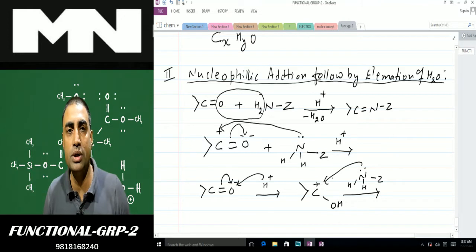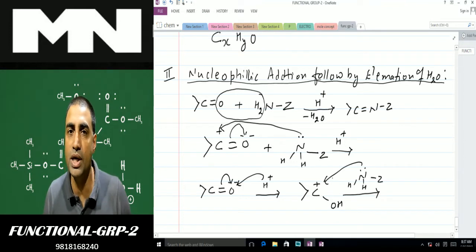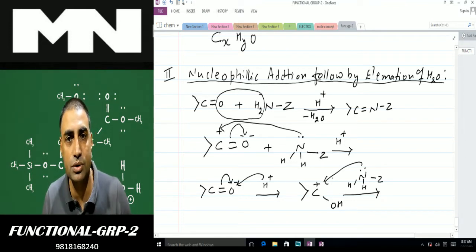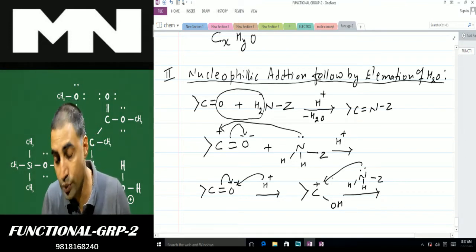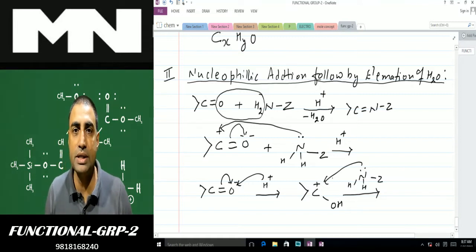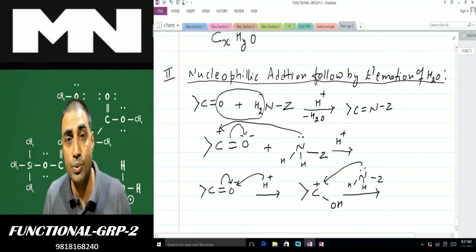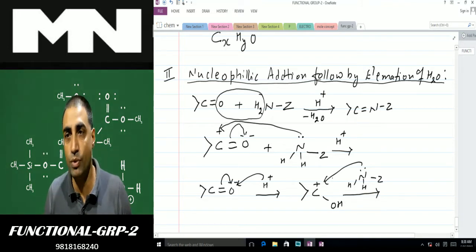See, when you want a nucleophile to attack a carbocation, the two things you can do are either increase the negative charge on the nucleophile or increase the positive charge on the carbocation. This is what we are doing here. We cannot increase the negative charge on the nucleophile, but we are increasing the positive charge on the carbocation. The positive charge increases to such an extent in this acidic medium that the carbocation becomes capable of attracting even weaker nucleophiles.